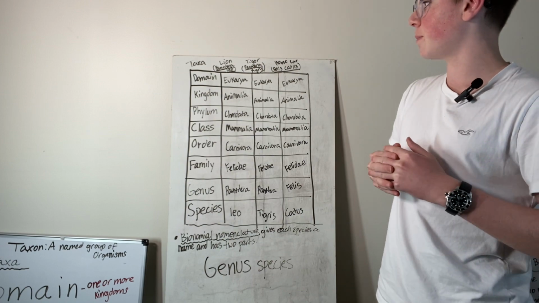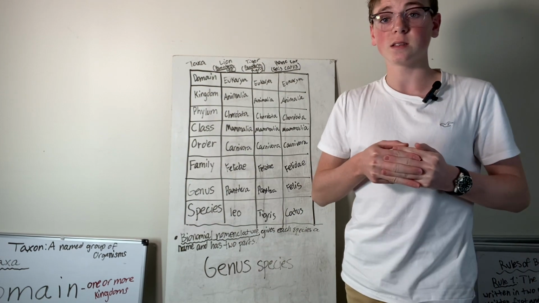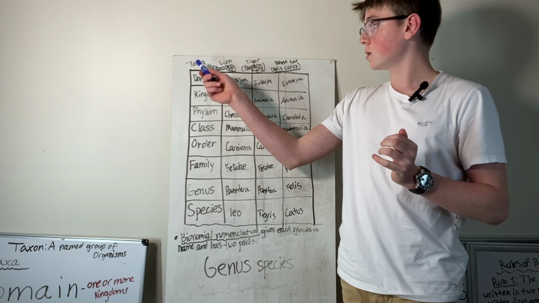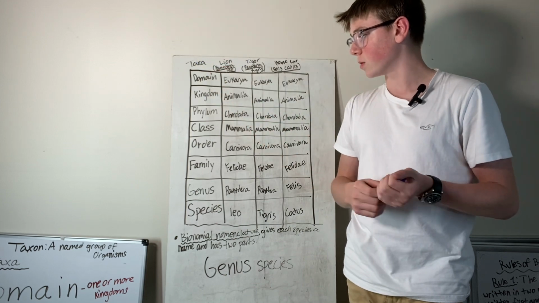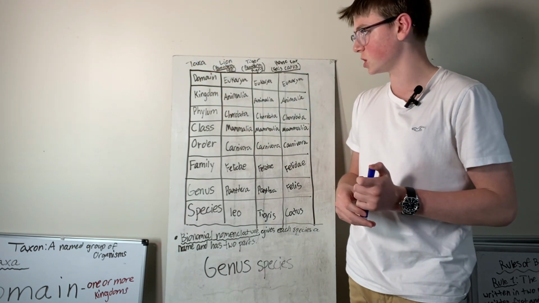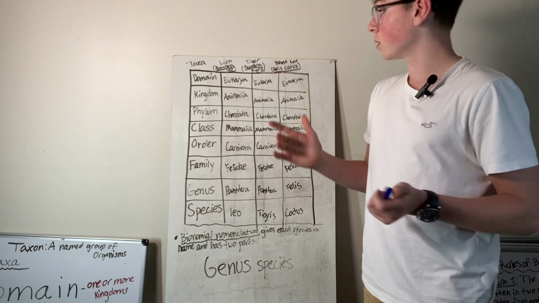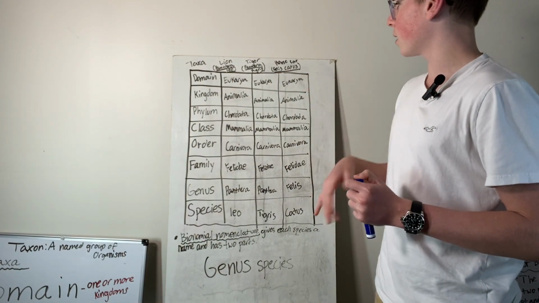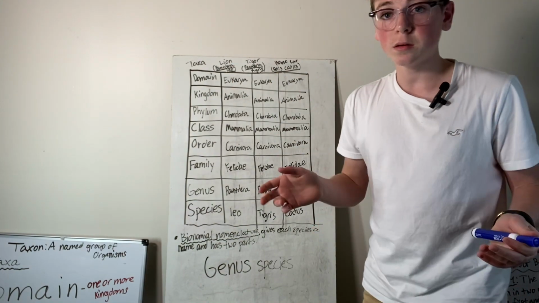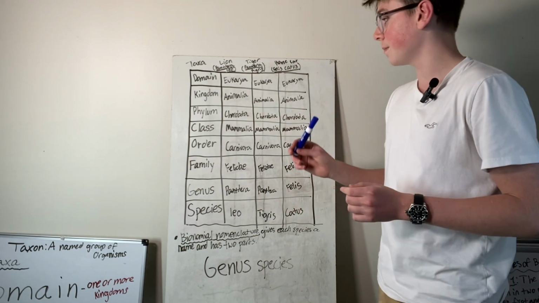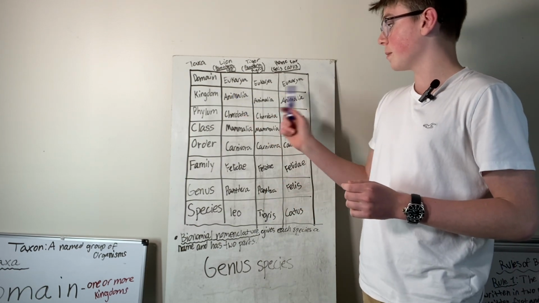Now let's look at an example of classifying some animals. So here's our taxa, which is domain, kingdom, phylum, class, order, family, genus, species. Then we have the lion, the tiger, and the house cat. So let's see. Domain, all Eukarya. Kingdom, all Animalia.